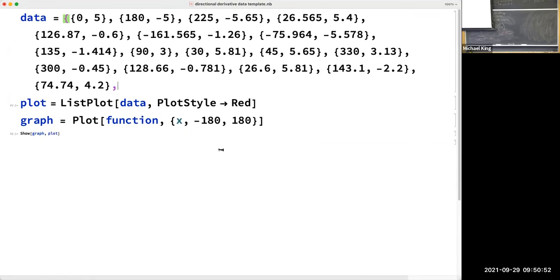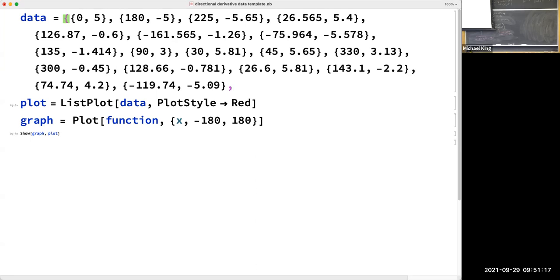I can't read that. Does that say? No. 5.09. Okay. With what? More points? Any more points?